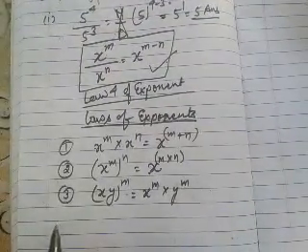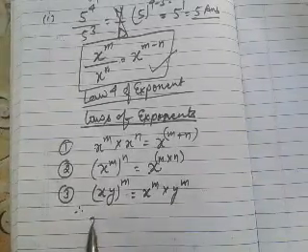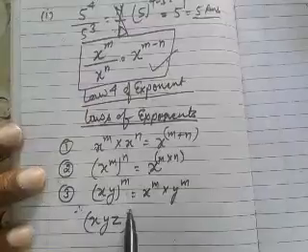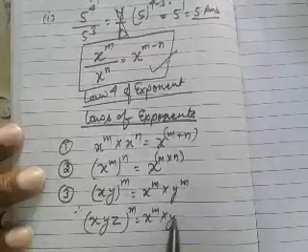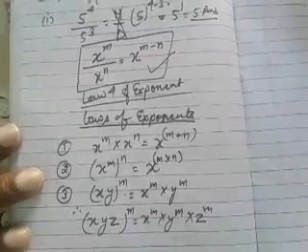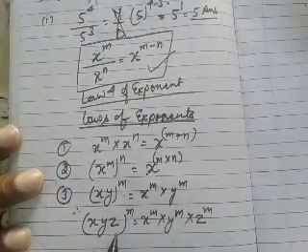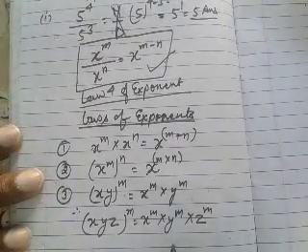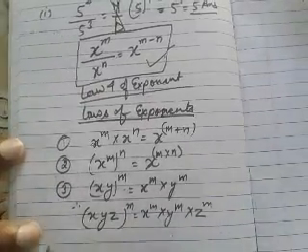Another law is, suppose we have 3 rational numbers x, y, z and their power is m, then we can write this as x raised to the power m multiplied by y raised to the power m multiplied by z raised to the power m, and so on. However many rational numbers are in product form, they can be split up into separate powers, as you see here.